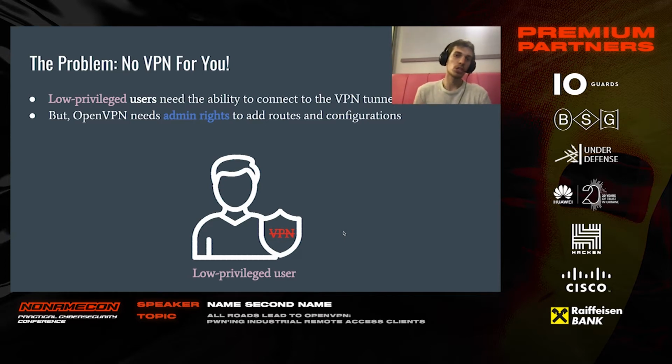For example, Rachel, probably through the organization policy in her domain, is defined as a low privileged user. So even if her computer gets infected somehow by malware, the malware will have no admin rights. But OpenVPN needs admin rights to add routes and configurations and to configure the virtual network interface and other configuration needed.